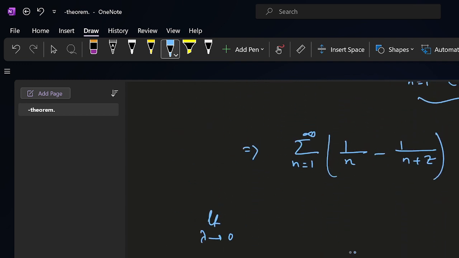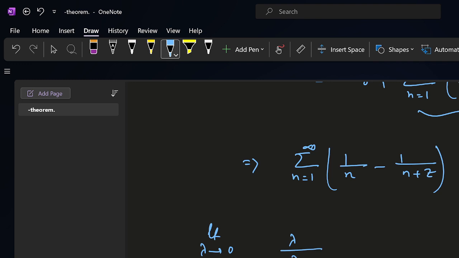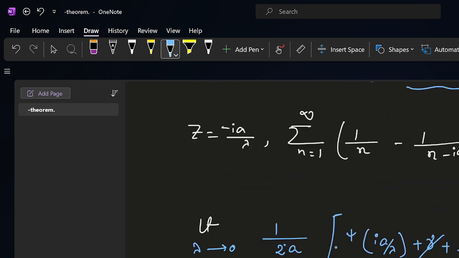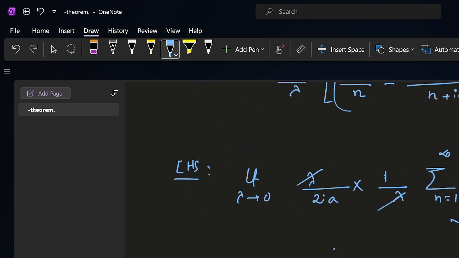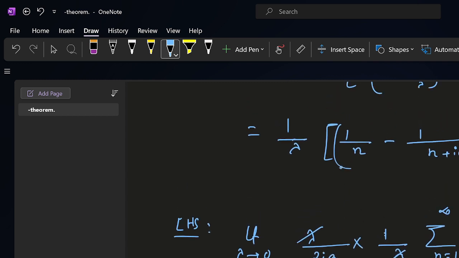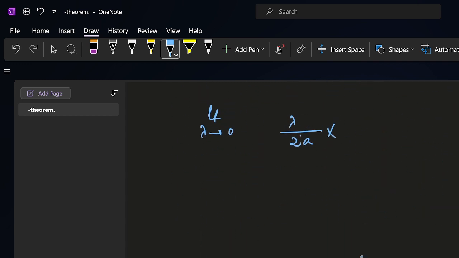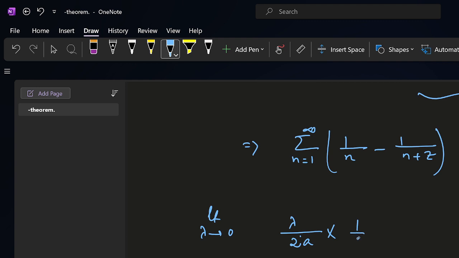So you had lambda by 2ia from the initial part, and then you had 1 by lambda, and then replace the first term as psi of z plus 1, which is psi of ia by lambda plus 1 plus gamma, and then in the second term your z was minus ia by lambda, so it is psi of minus ia by lambda plus 1 minus gamma.